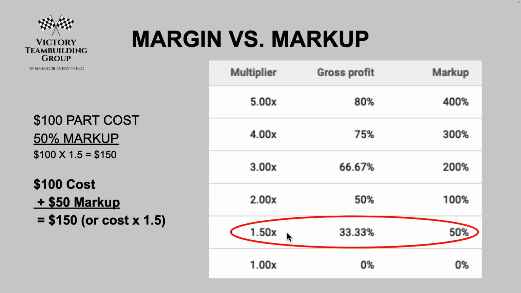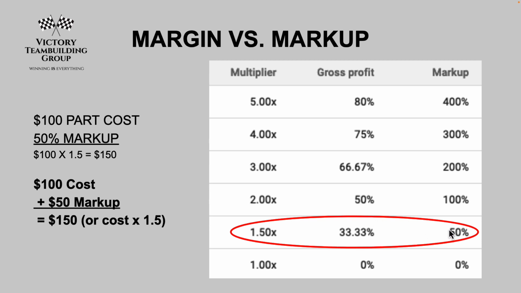But if you'll notice here, a 50% markup is only a 33.33% gross profit. And this is where these numbers get confused. As you can see, a 50% markup is a lot different than a 33% margin. The reason I'm defining this is because I've heard shop owners and service advisors get these two terms confused, and it's huge money.